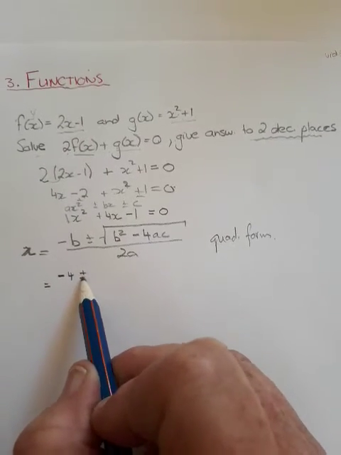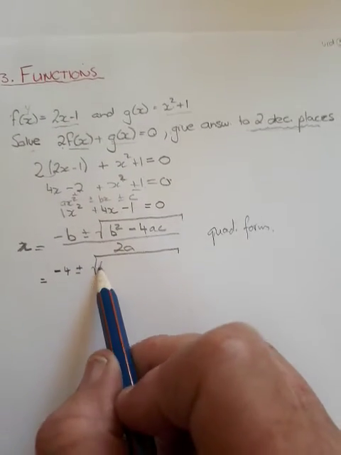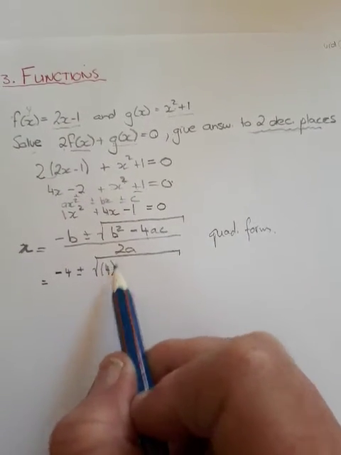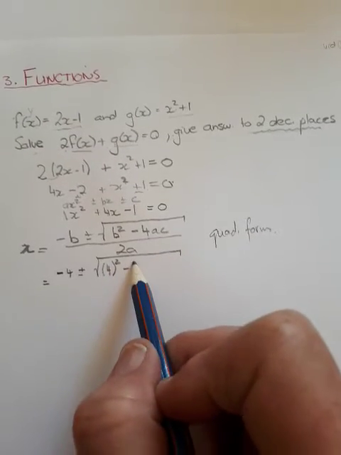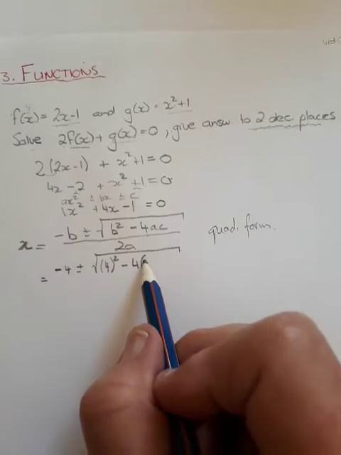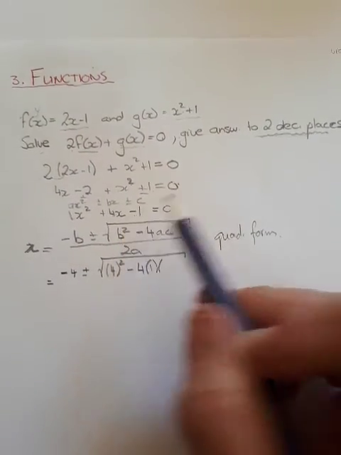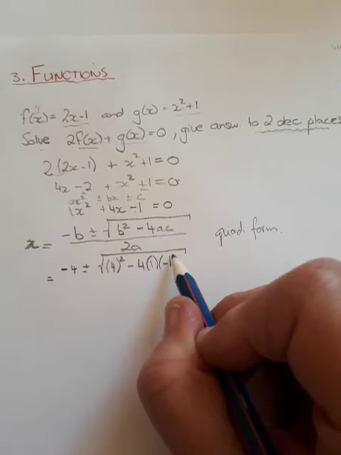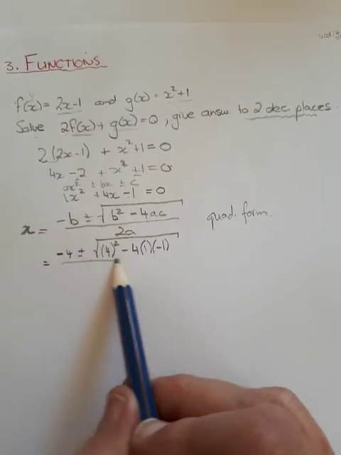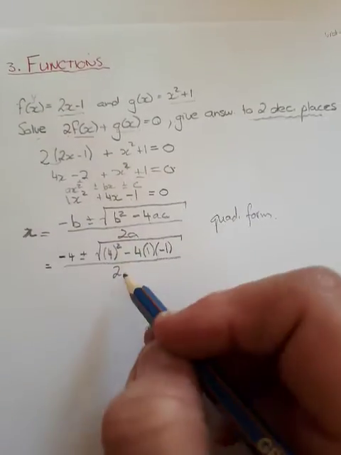Then we have plus or minus because it is a square root. Okay, instead of b, we will write 4, then squared, minus 4, replace the value for a, which is 1, and substitute the value for c, which is negative 1, right, over 2, and substitute the value for a, which once again is 1.